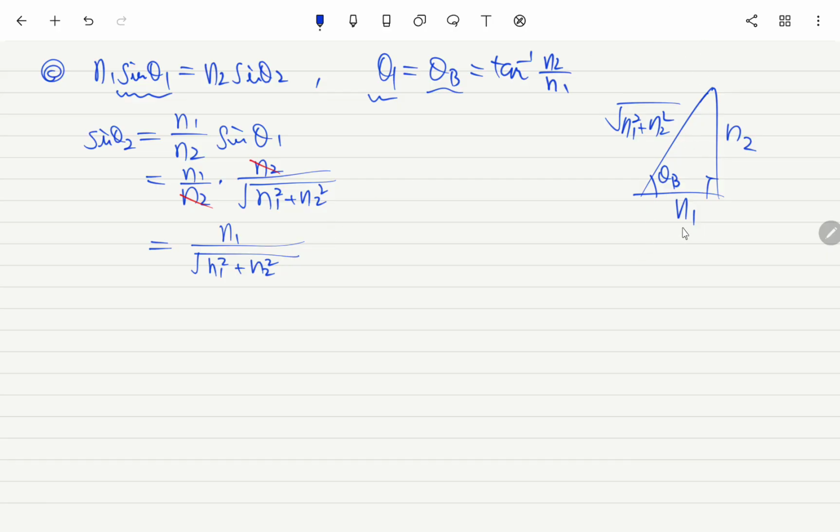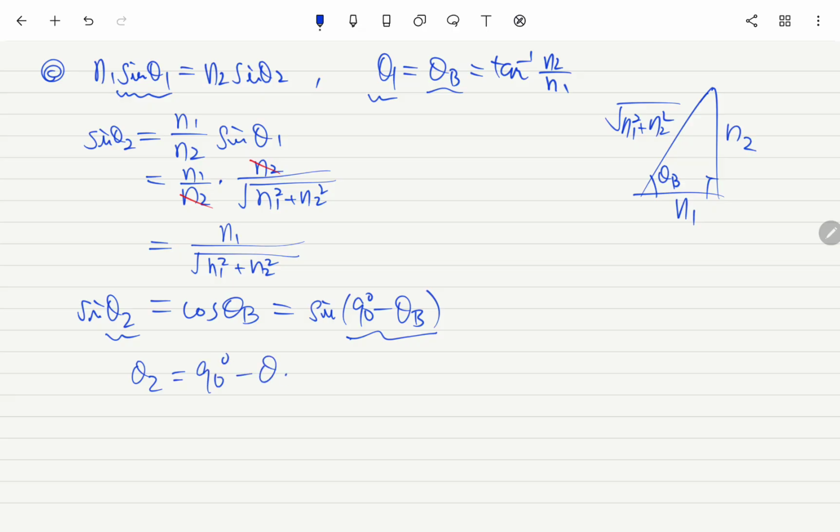By observing this, N1 over this square root will be cosine of theta b. So sine of theta 2 is cosine of theta b. Using a trick identity, it is sine of 90 degree minus theta b, which means theta 2 is 90 degree minus theta b.